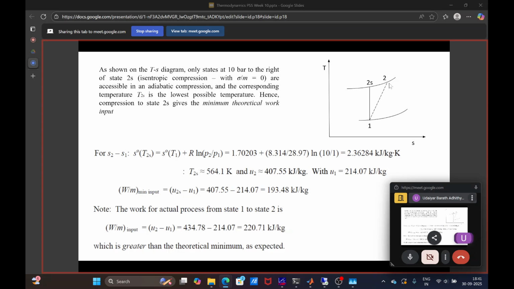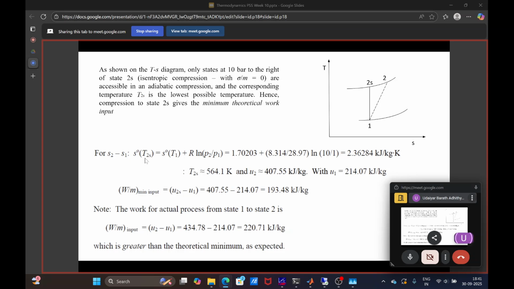Now what you are doing is you want entropy to be the same as the previous case, and we have to find out what is the temperature which is minimum corresponding to this case. So we need to find temperature T2s, which is the lowest possible temperature corresponding to the s. So that will give you the minimum theoretical work.